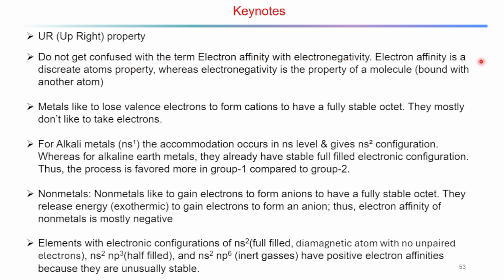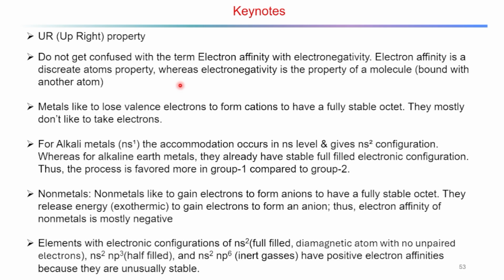Electron affinity is a discrete atom's property, an inherent property of the element or the atom. Whereas electronegativity is the property of an atom bound with another atom. So one atom will have a single electron affinity value, but it can have multiple electronegativity values depending on which atom it is bound to.